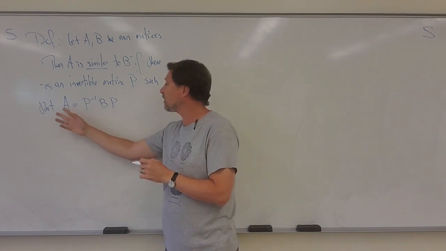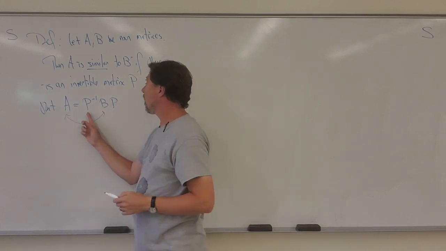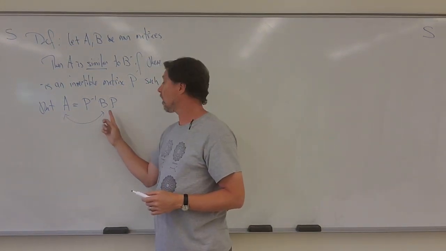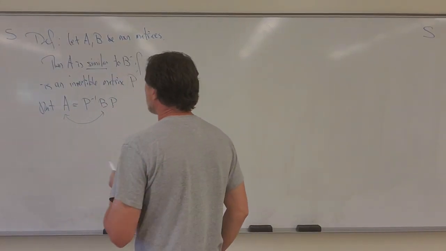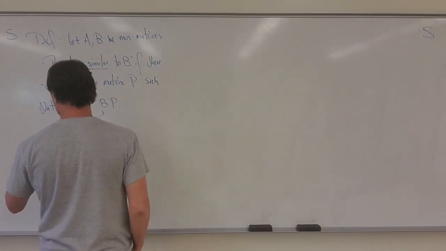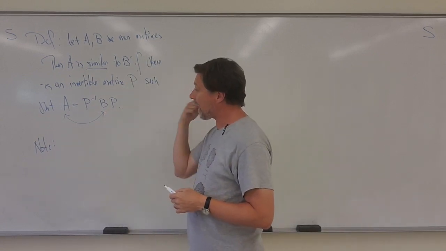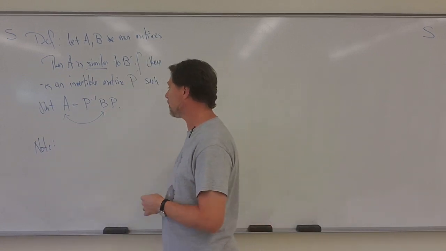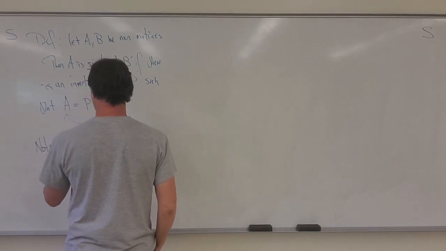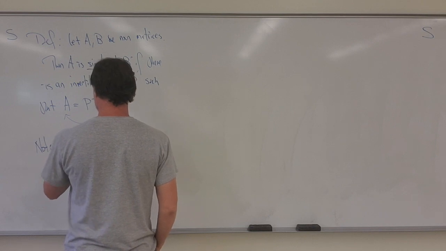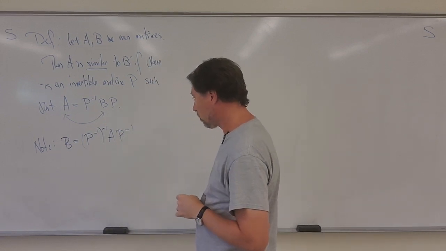So there's this connection between the matrices A and B. Multiplication of B on the left by P inverse and on the right by P results in the matrix A. Now, one thing to be aware of: if we have this equation, A equals P inverse B P, then B is equal to P times A times P inverse. And so, what does that tell us?